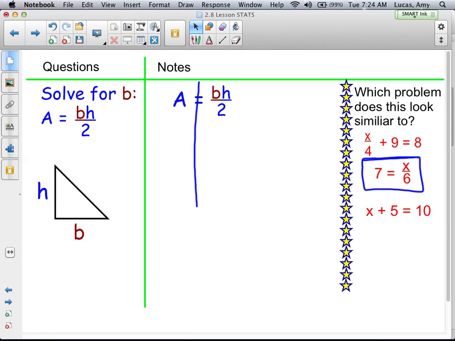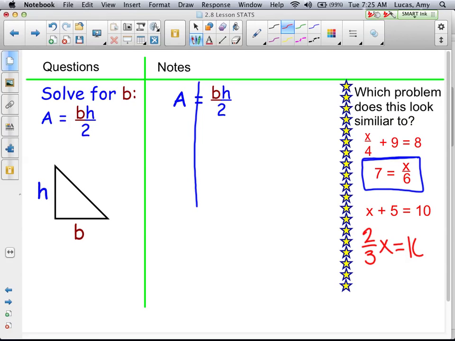I want you to think about what we did when we had a fraction, like say 2/3 next to our variable, and that was equal to another number like 10. To solve a problem like that, with 2/3 next to the x, we multiplied by something called the reciprocal. That is going to be the key here. I need the b to stay all by itself.